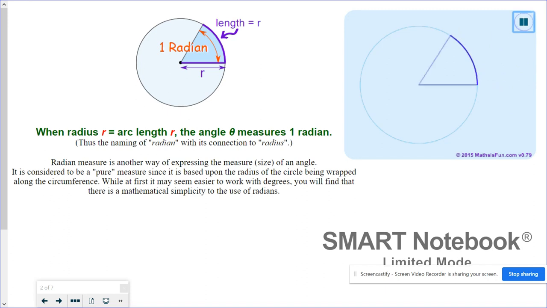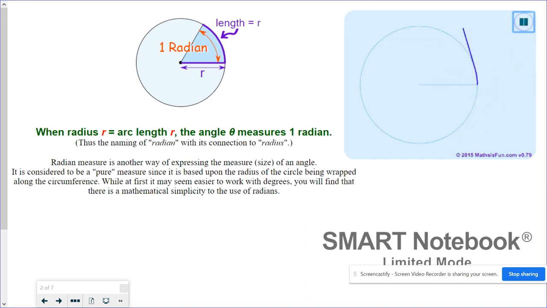So it's the same length. That arc length is the same length as the radius, which means that slice that's being created is a radian.